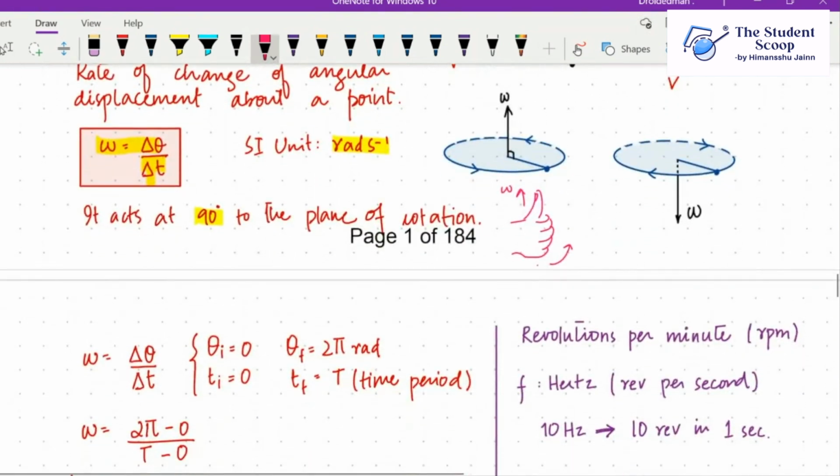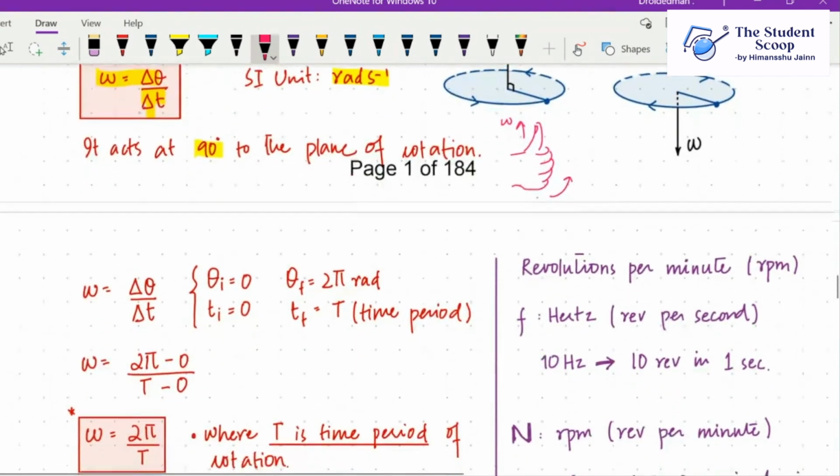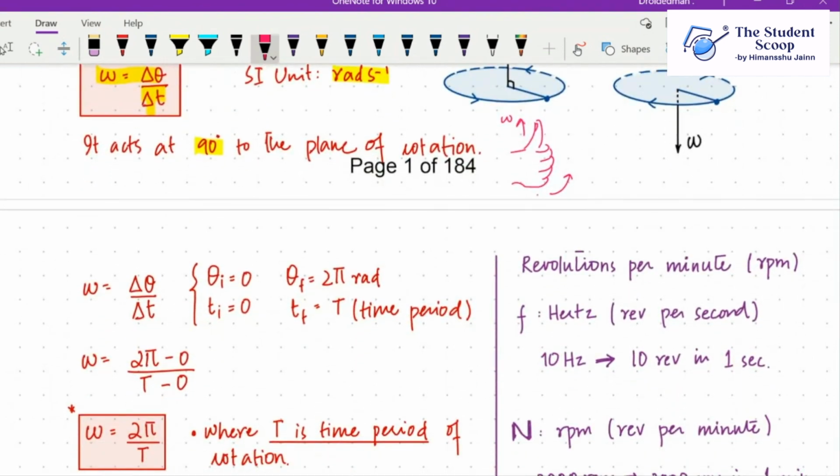Now, angular displacement and angular velocities are sometimes simplified in this particular chapter by giving you the angular displacement to be equal to 2 pi, that is 360 degrees. Okay, that is one full rotation. So if the angular displacement is one full rotation, then it will be 2 pi, and the time taken to complete one rotation is the time period.